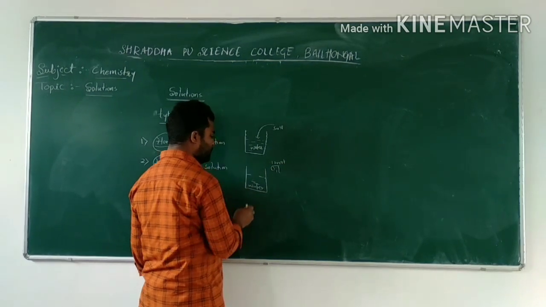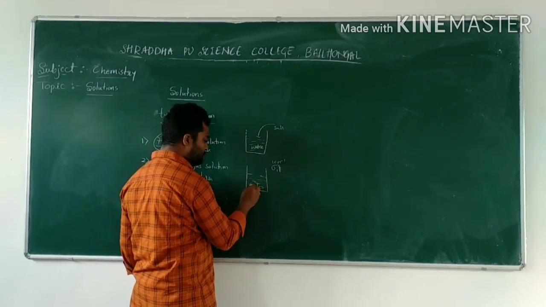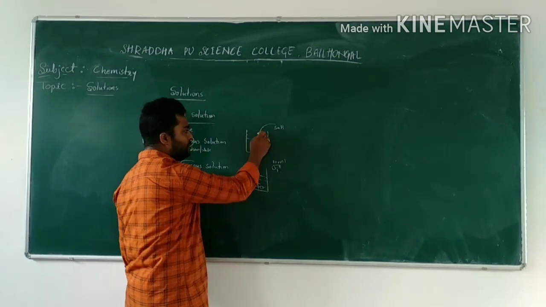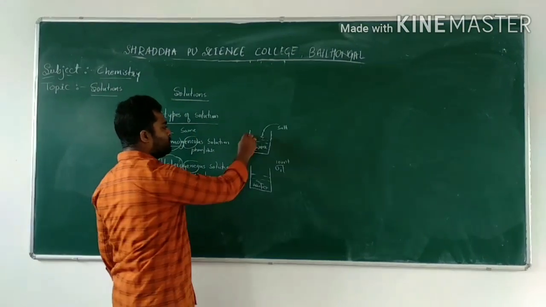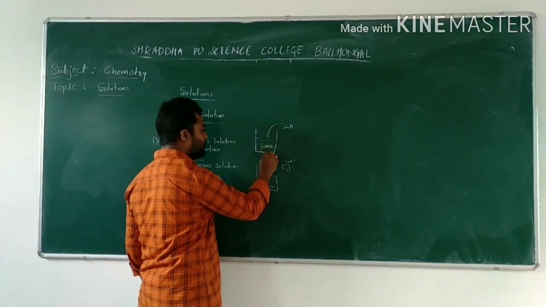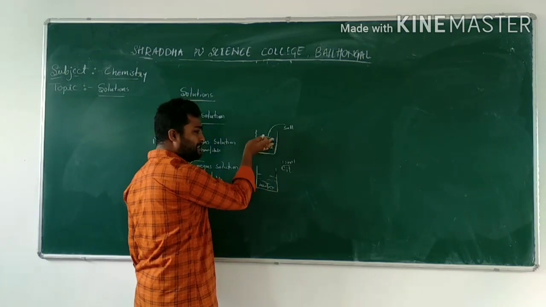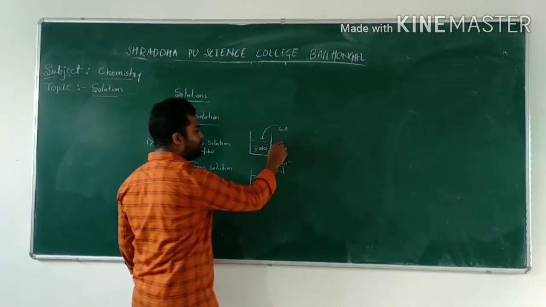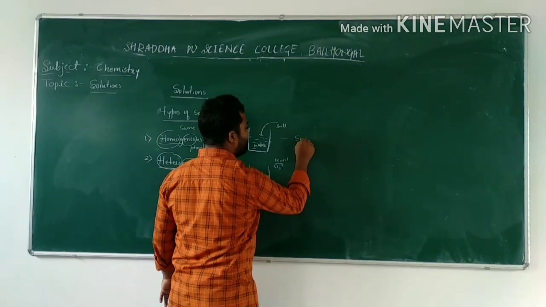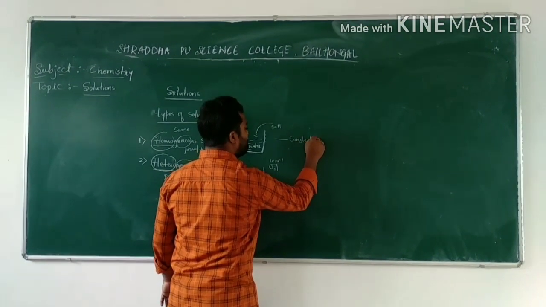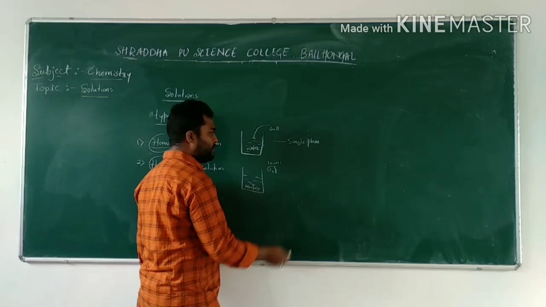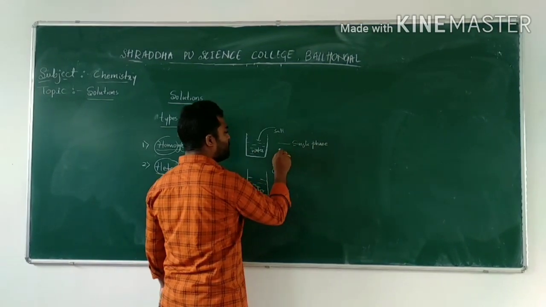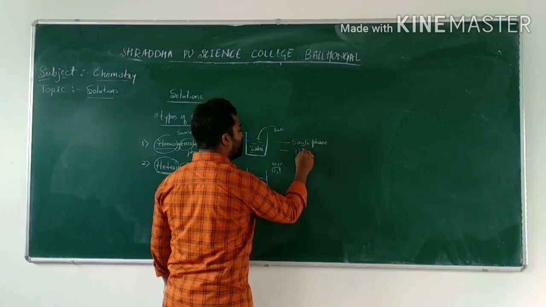First we will discuss what exactly has happened here. Once the salt is dissolved in water, you cannot separate it. This is water and this is salt. You cannot separate it. That means there exists a single phase or state, or the composition is uniform.